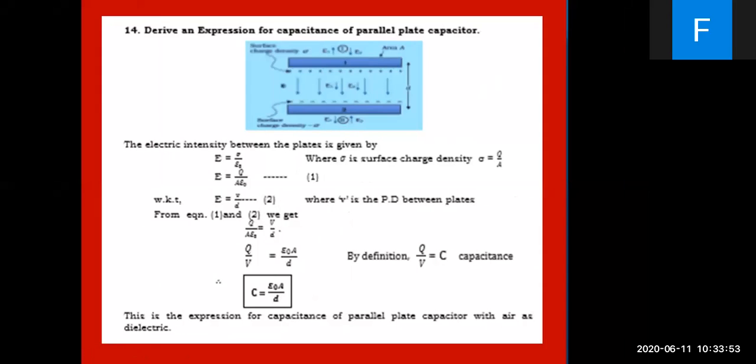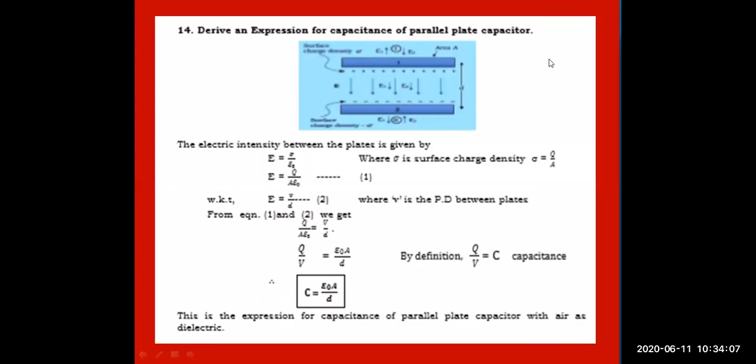So to begin our derivation, after drawing your diagram, you have to mention the electric intensity between the plates. Between the two plates it is given by capital E equals sigma divided by epsilon naught. So this is our formula, E equals 1 by epsilon naught times your charge density.